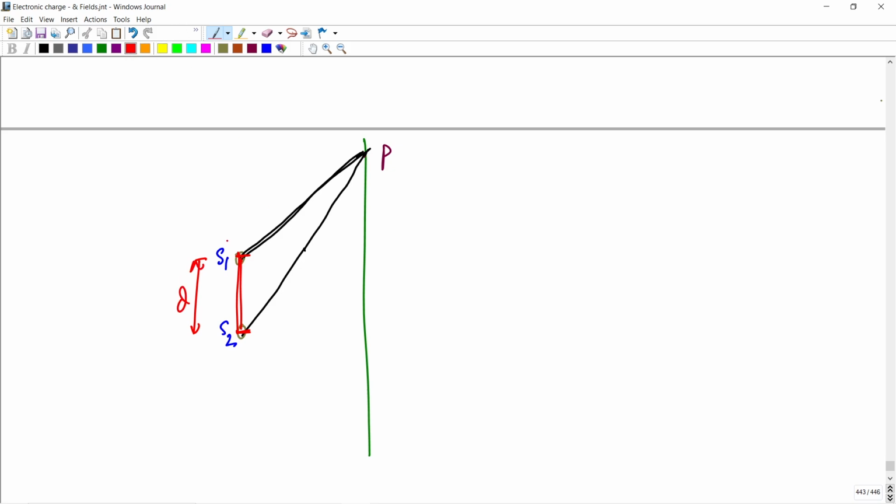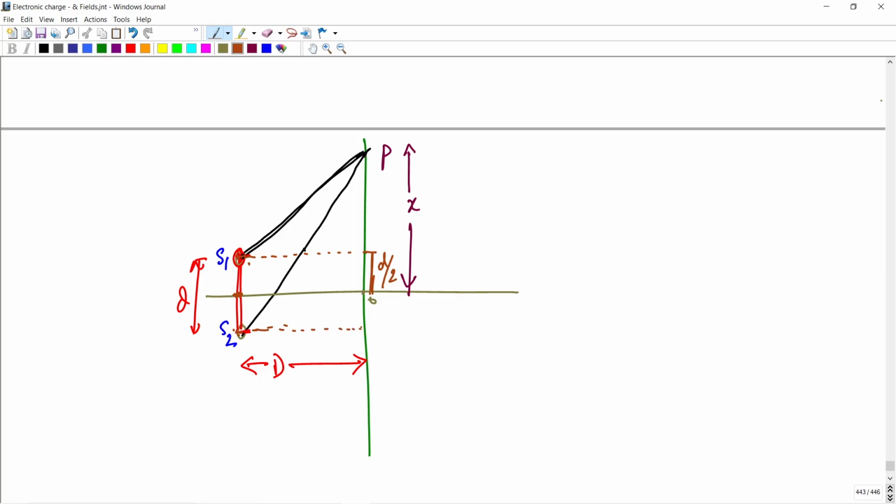The distance from the secondary sources to the screen is called capital D. There is a midpoint here, the origin O, and the length OP is x. The midpoint of the S1S2 line is here, and this length is d by 2, and this length is also d by 2.